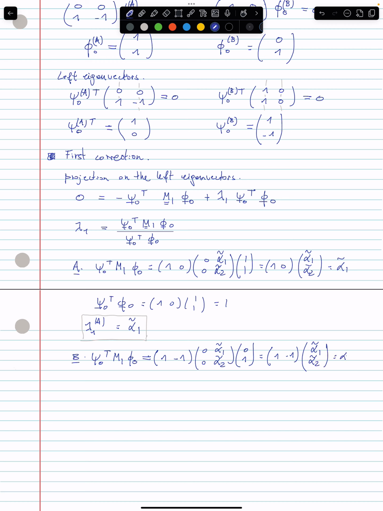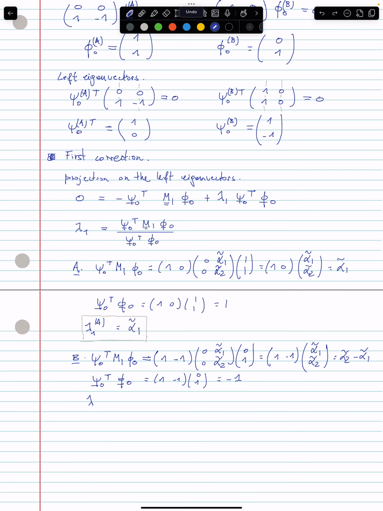So we have alpha 2 minus alpha 1. And denominator, psi transposed times phi. It is 1 minus 1 times 0 and 1. This is minus 1. All right, so it means that lambda 1B is equal to negative alpha 2 minus alpha 1. So this is alpha 1 minus alpha 2. All right, we will check.